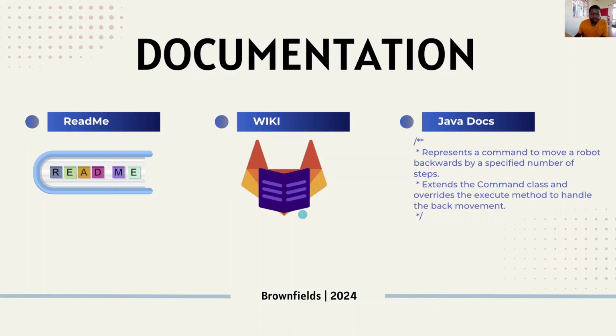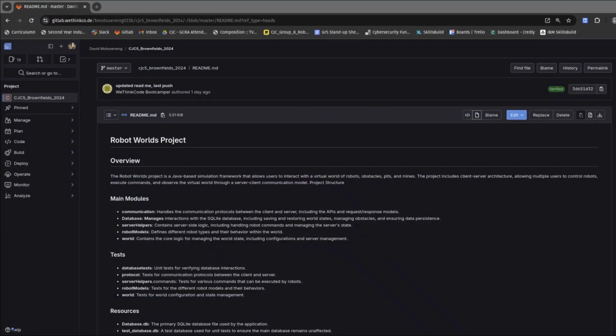The documentation that we have implemented as a group is a README, a wiki, and Javadocs. As I show you, I'll start with the README. Here's our README.